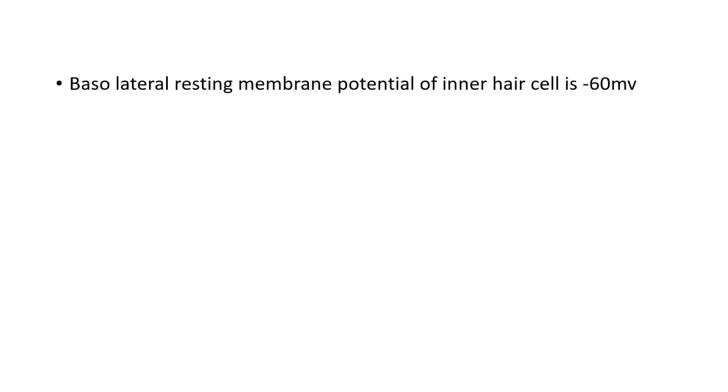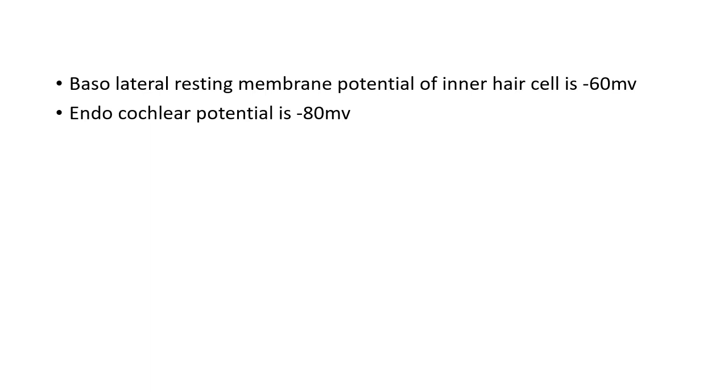The continuation of the last slide: how the endocochlear potential has been formed. Now, the basolateral resting membrane potential of each auditory inner hair cell is minus 60 millivolt, and the endocochlear potential, as we know, is plus 80 millivolt.